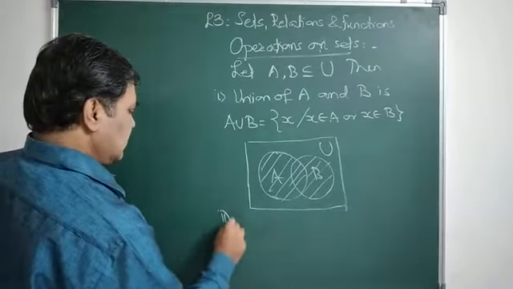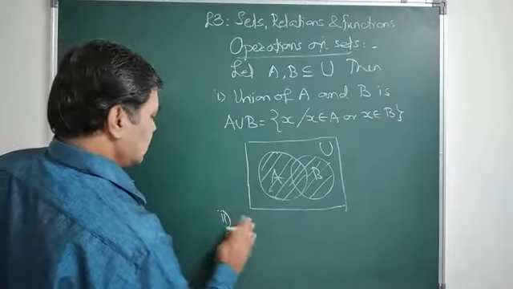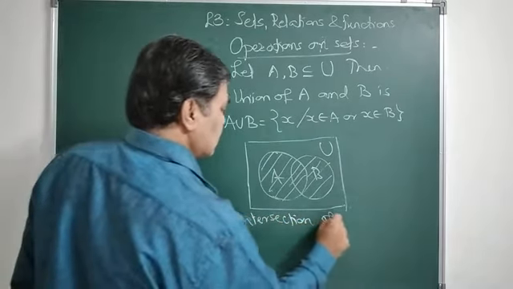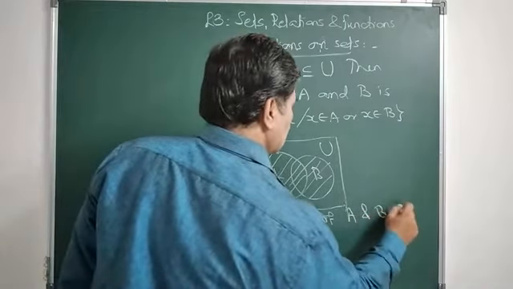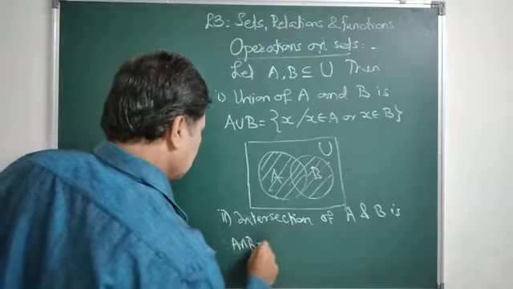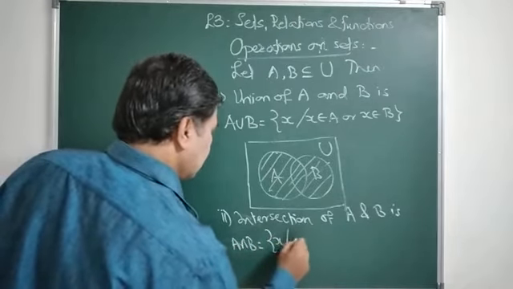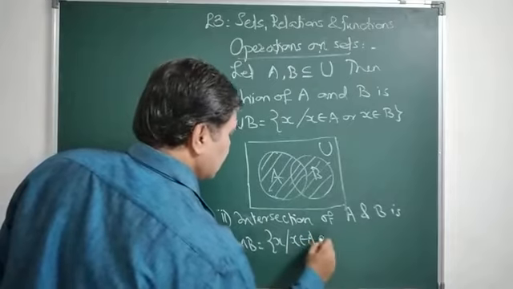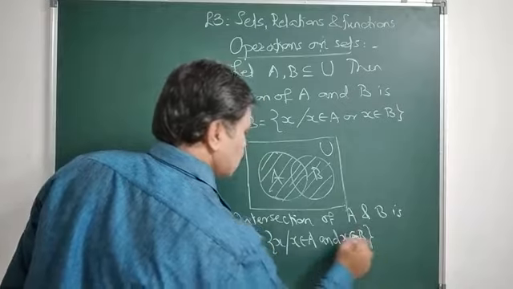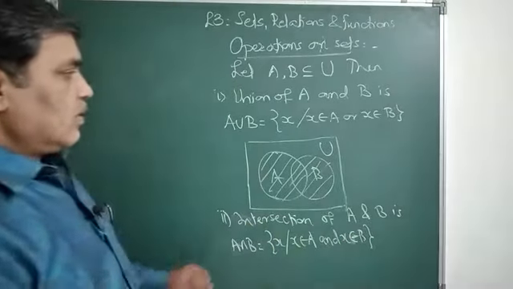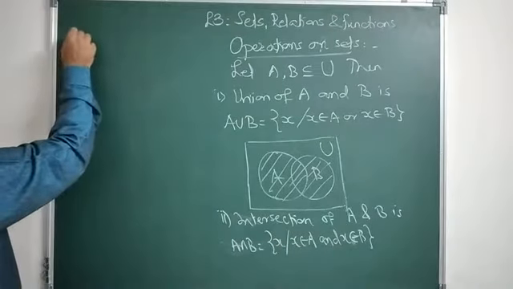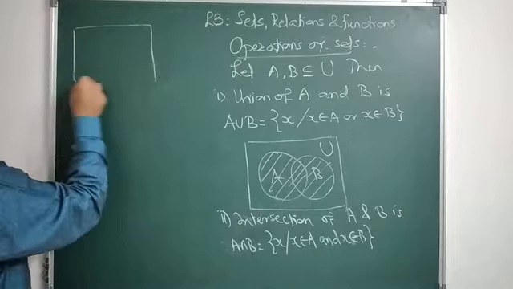Second, A intersection B, intersection of two sets. Intersection of A and B is denoted by A intersection B, equal to the set of those x such that x belongs to A and x belongs to B. Venn diagrammatically, this is my universal set.